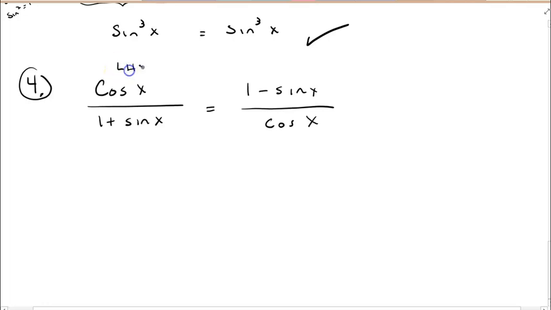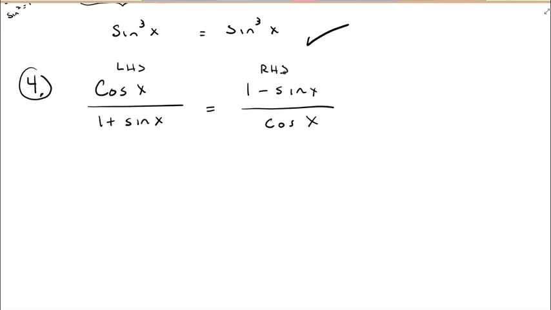Okay, so I got my left-hand side and my right-hand side. So when it's one term equals one term, and one is neither more complicated nor less complicated than the other, you might be thinking, I don't even know where to begin here. Looking at that left-hand side, cosine over 1 plus sine x, they have a single numerator and two terms.